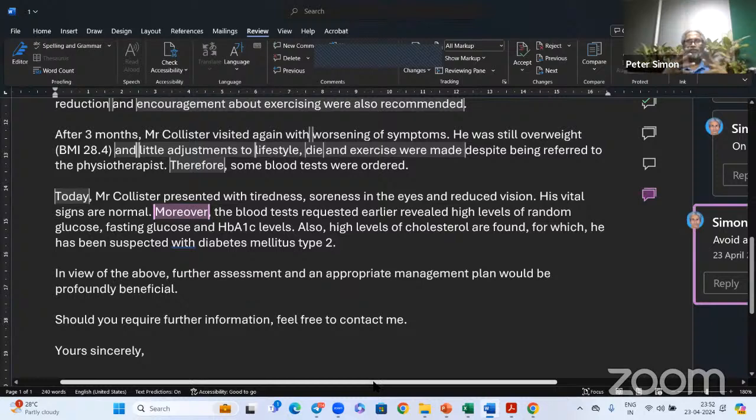So you can just start with the blood test requested earlier. Already you requested earlier, so no need to say. The blood test revealed high levels of random glucose, or you can say blood tests which were ordered revealed.